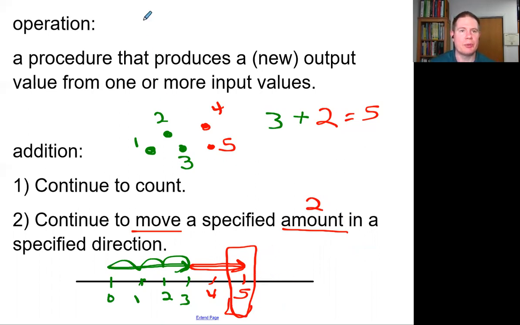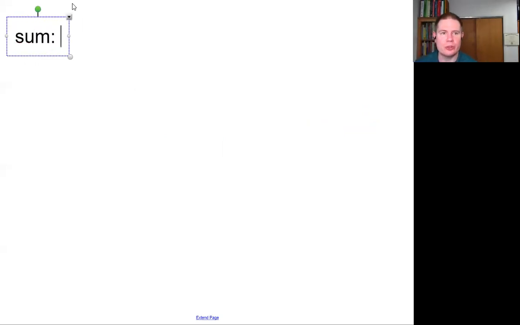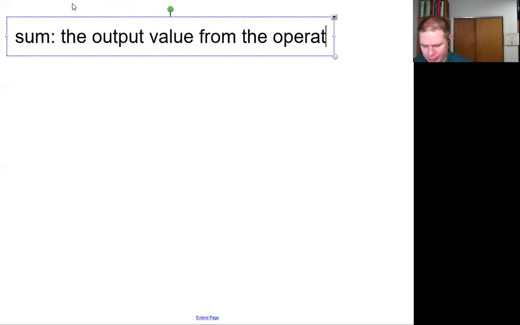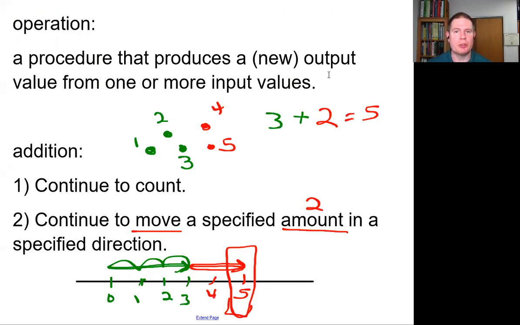And there I've just slipped in another vocabulary word here. The word sum doesn't mean answer. The word sum specifically means the output value from the operation of addition. Remember, an operation is a procedure that produces a new output value, right?